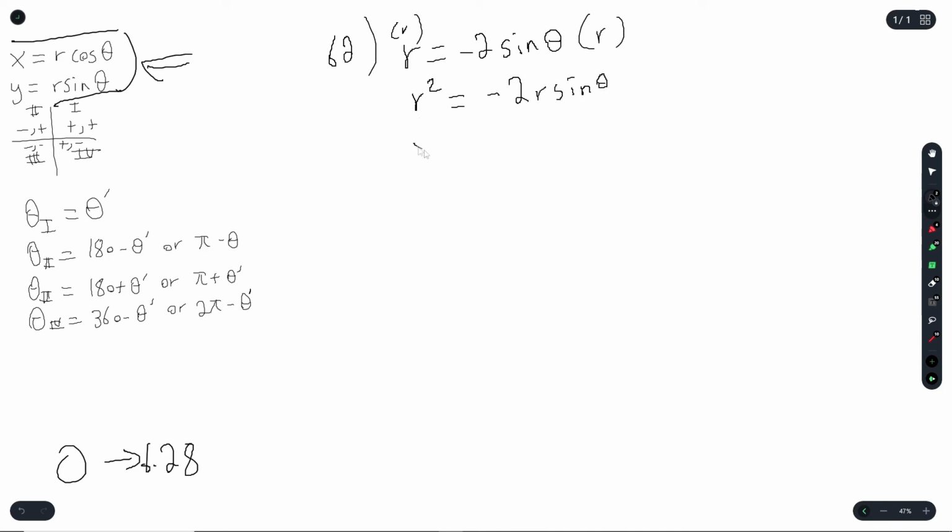So this will be x squared plus y squared. Then r sine theta will be y, sorry, negative 2y. And we can just leave it this way or make it x squared plus y squared plus 2y equals 0. Depends on the answer choice, yeah.